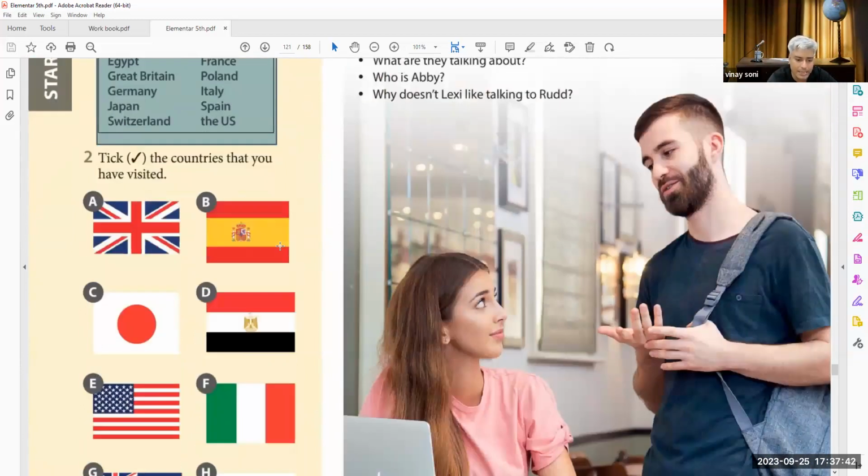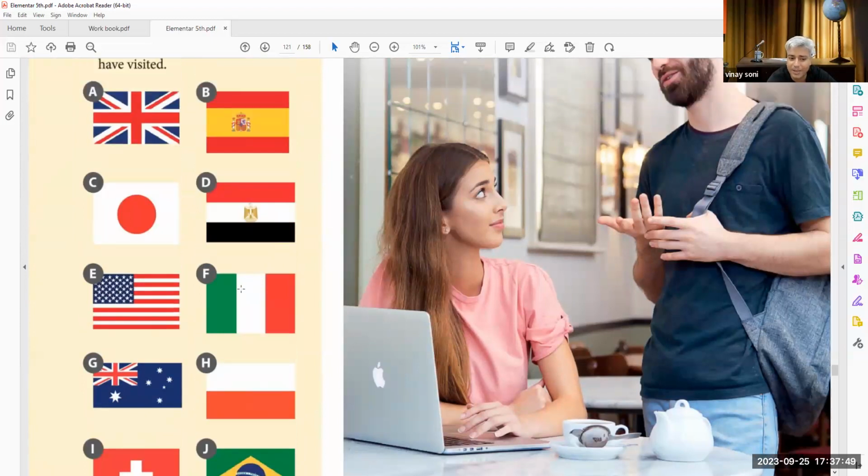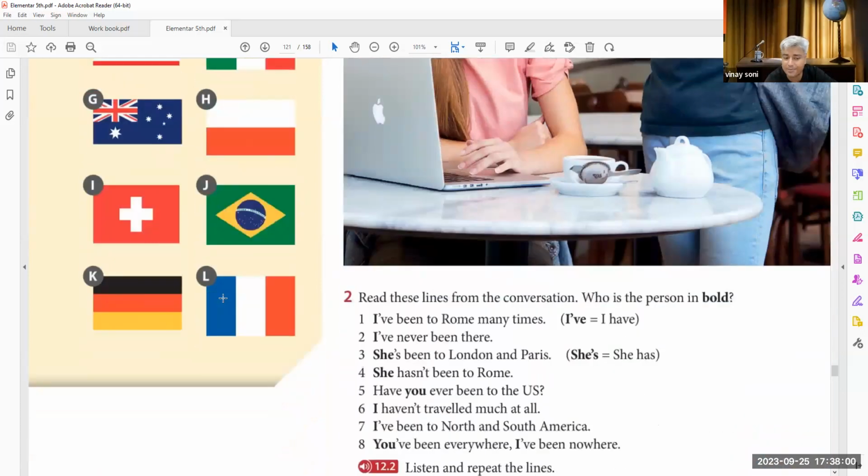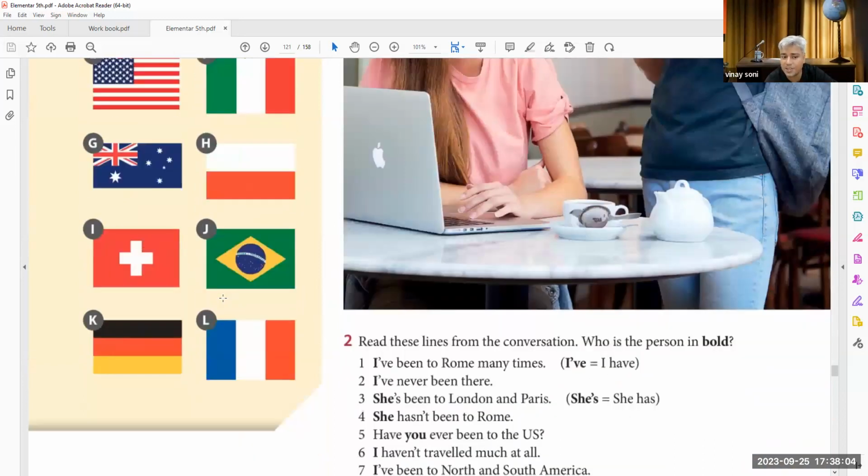And then we have France. F is France's flag, but it should be blue, right, instead of green. No, I'm talking about F. No, L is France's flag, guys. I'm 100% sure.